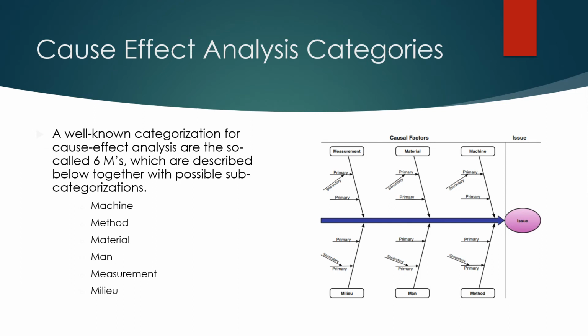A well-known categorization for cause-effect analysis is the so-called 6Ms, which are described below with possible subcategorizations. We could see the image for cause-effect analysis, with each category divided into subcategories given the issue. So, the different subcategories in cause-effect analysis are, first, Machine.